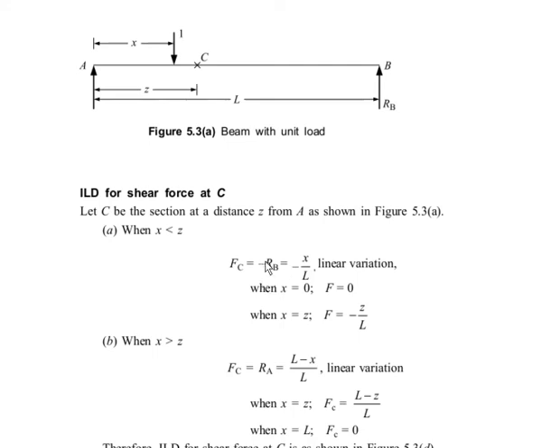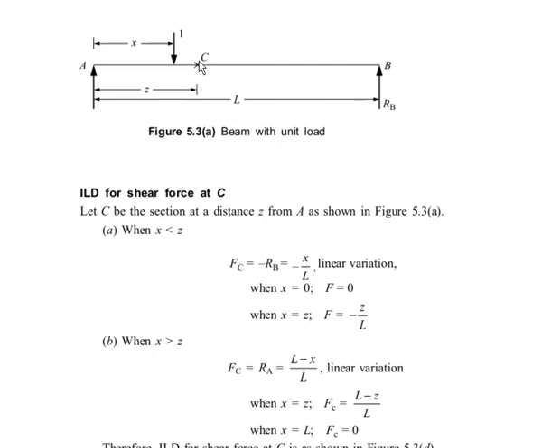So from this figure we can take RA plus RB is equal to 1, and if you take moment about A is equal to 0, RB into L is equal to 1 into X. So RB is equal to X by L, and here the shear force at C is equal to minus RB if you take from the right side of the section.